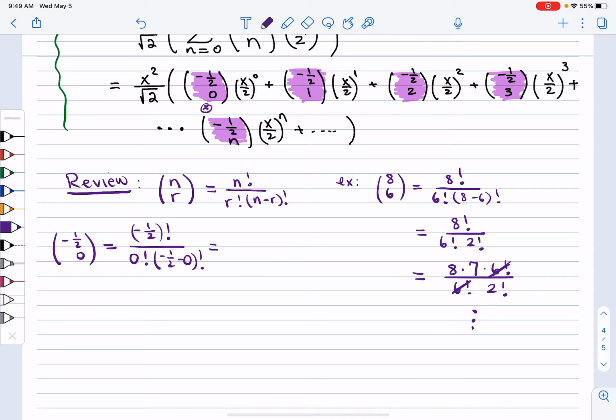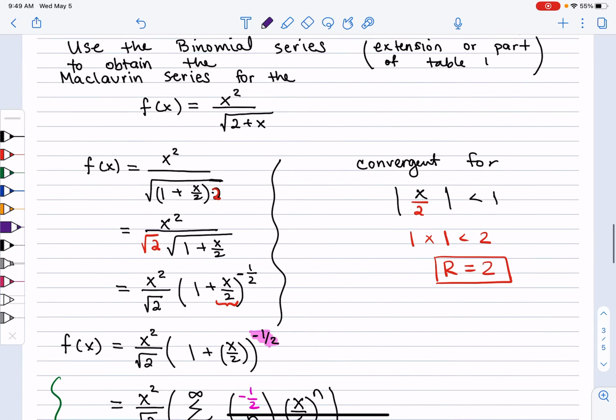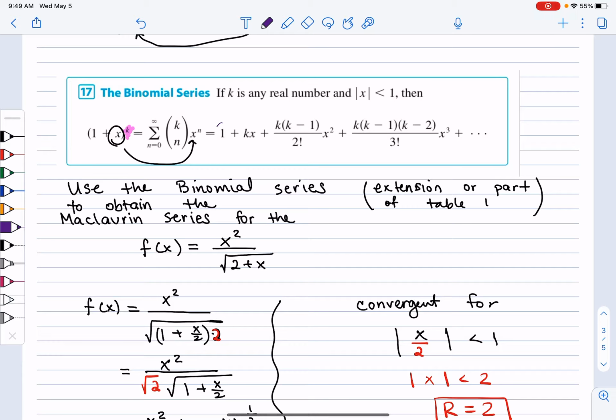And this becomes negative 1/2 factorial over negative 1/2 factorial, which is equal to 1. This is consistent because the very first term in your binomial series is 1.